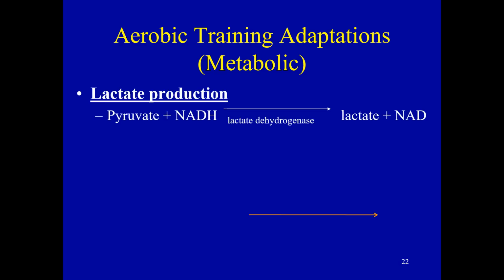As far as lactate goes in chronic exercise training, let's remember where lactate comes from. At the end of glycolysis, pyruvate combines with NADH, forming lactate and NAD. So we say pyruvate is being reduced to lactate.